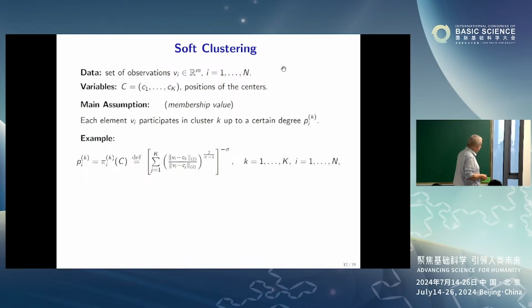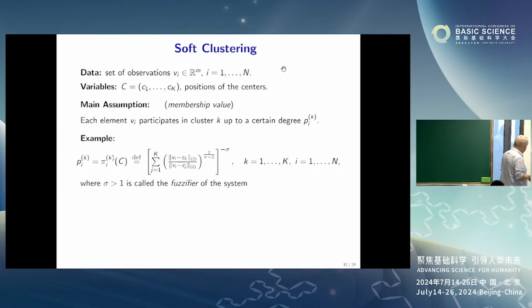Don't ask me why. The probability is high. From experience, people decided that this is a nice formula, and of course for generality they add some parameters.